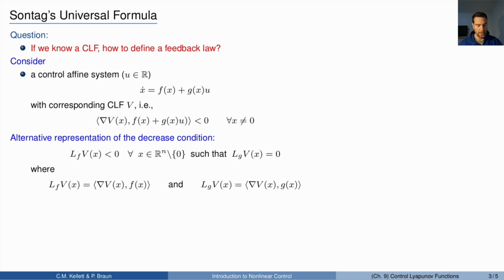Well, if we assume that L_g V is 0, this simply means that this term up here disappears, meaning we are losing the degree of freedom in the input u to guarantee that the inequality here is satisfied, meaning this term here needs to be less than 0, and that's captured through this condition here. On the other hand, if L_g V is unequal to 0, then we can always select u large enough, also depending on the sign, such that this inequality here is satisfied.